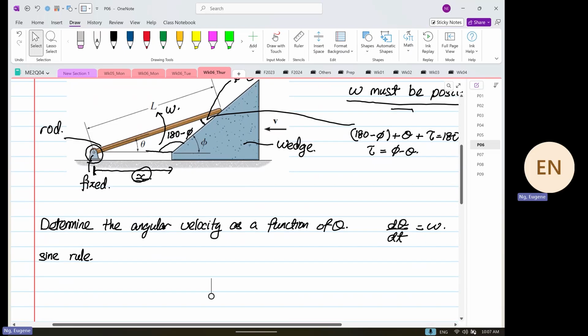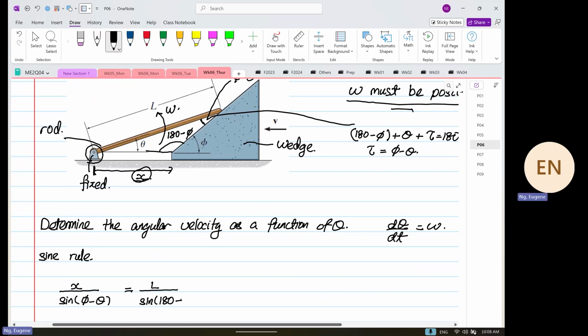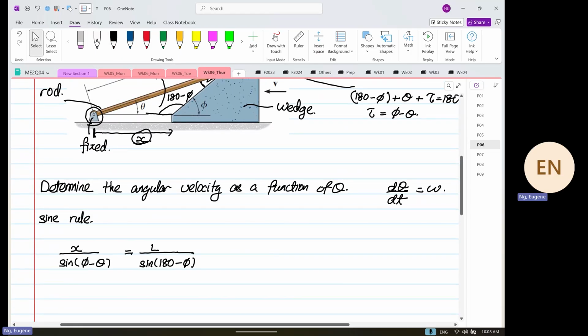So we know that x over sine of pi minus theta is equal to L over sine of 180 minus phi. So we can determine our x.